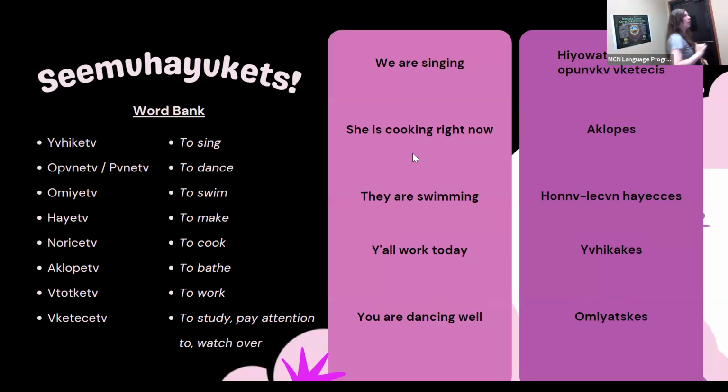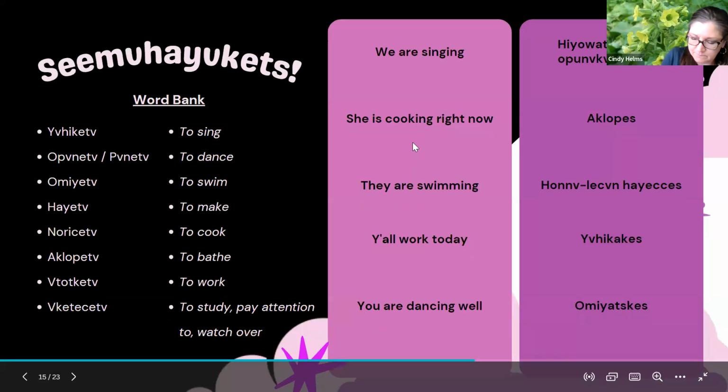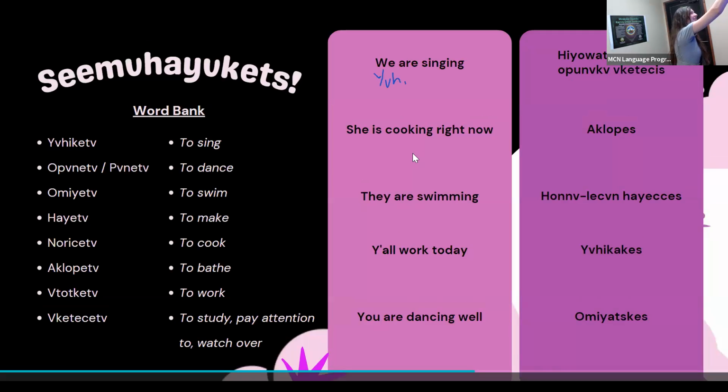So we need first the verb to sing. It's on our left. What is it? Yahegida. Okay. First step was what? What do we do after we have our verb? Drop the ida. Nice. So we have yaheg.